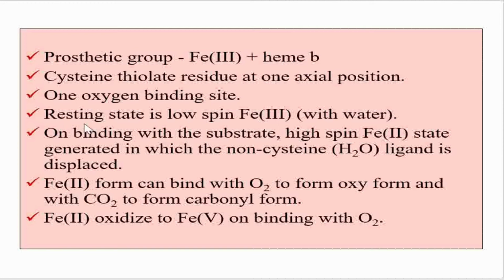In the resting ground state, low spin Fe3+ is present because the oxygen binding site generally has a water molecule in the resting state. When the oxygen molecule comes to cytochrome P450, this water molecule is replaced by the oxygen.